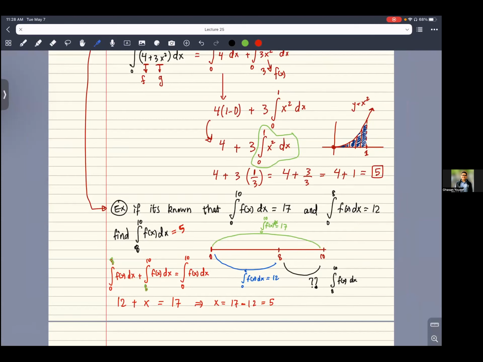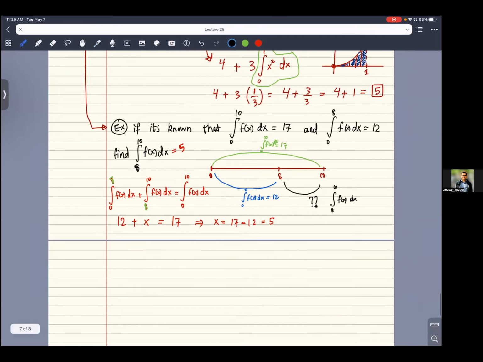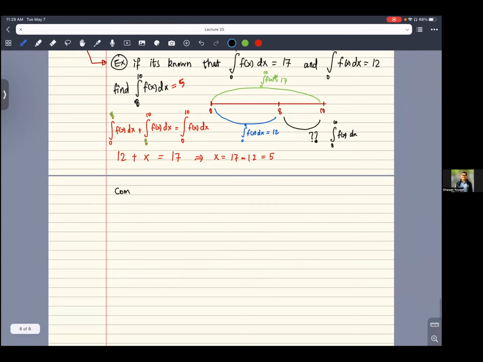Okay, now the last thing in this section, I'm going to go over very quickly. It's called the comparison properties of the integral.